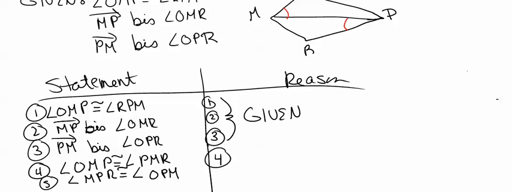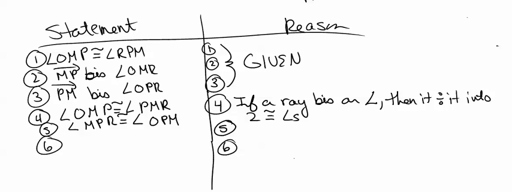The reasoning, if a ray bisects an angle, then it divides it into two congruent angles. From there, we can say angle OMP is congruent to OPM. The reasoning, if angles are congruent to congruent angles, then they are congruent. Again, that basic substitution.